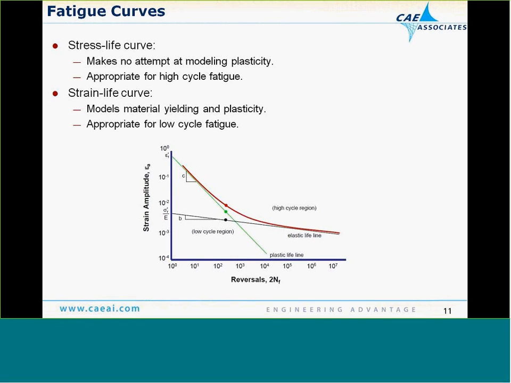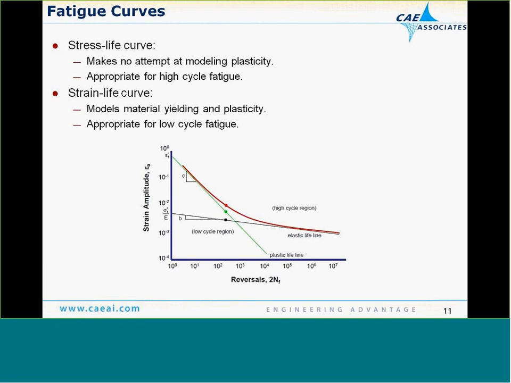As you see in the SN curve below, the elastic line curve is the black straight line, and the plastic life line is the green line. The green really represents strain life. The black represents stress life, and the red line is basically a combination of both.